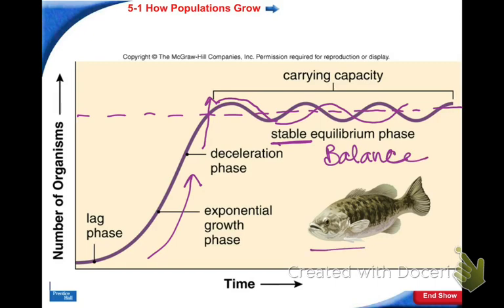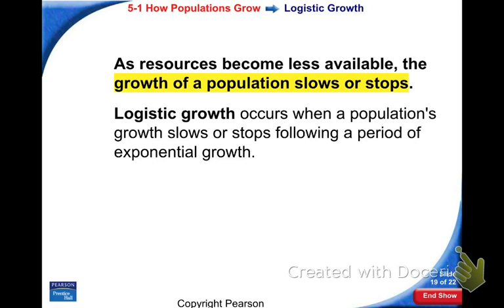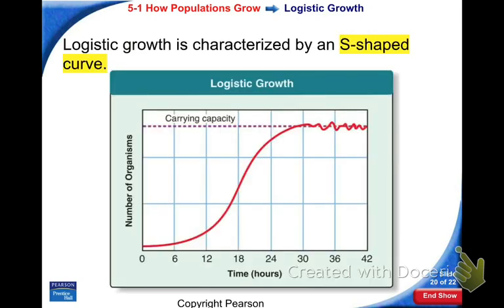So if, I don't know what kind of fish this is supposed to be, but this fish maybe eats insects. The population of fish, when they first hatch, increases up to a point, and then they run out of food to eat, and so some of them die, and so it's living in balance with the food supply or the number of predators. So as resources become less available, the growth slows or stops, and that's logistic growth. And logistic growth looks like that S-shaped curve.